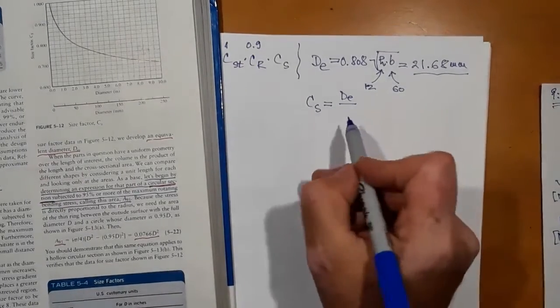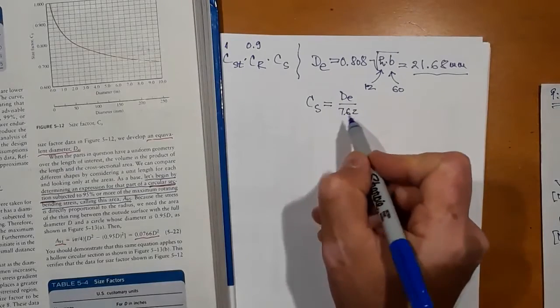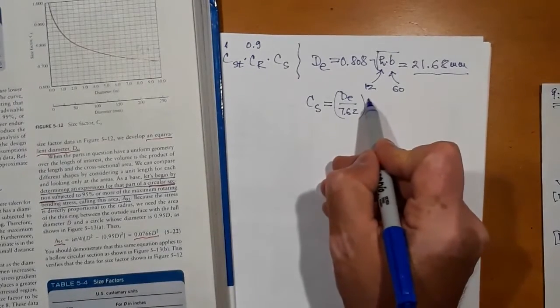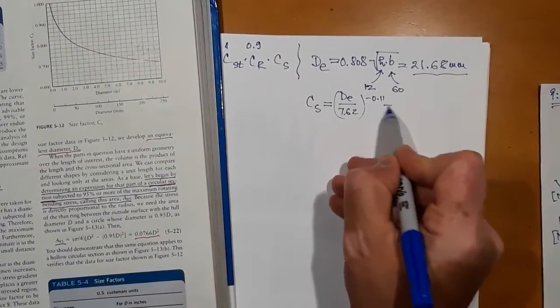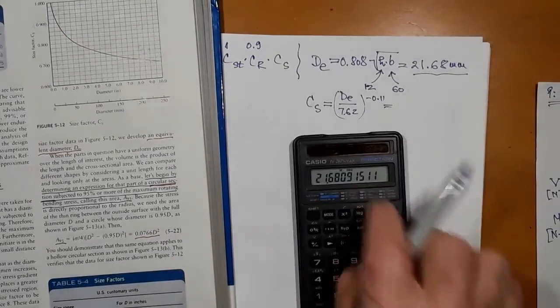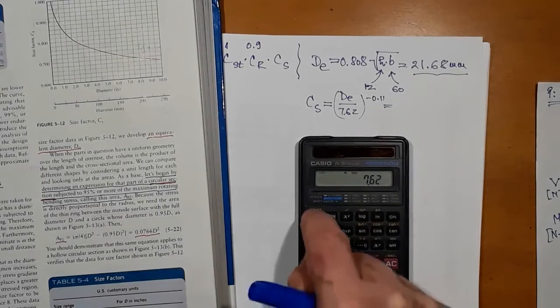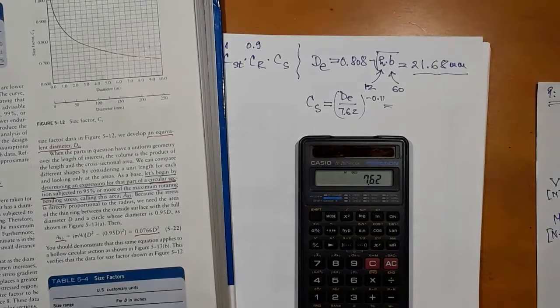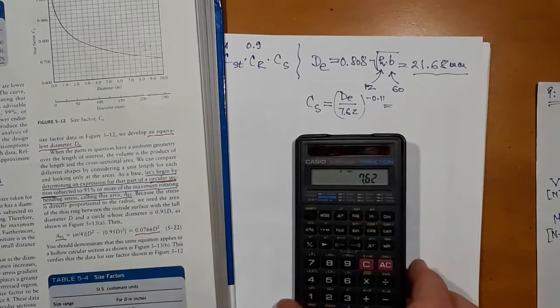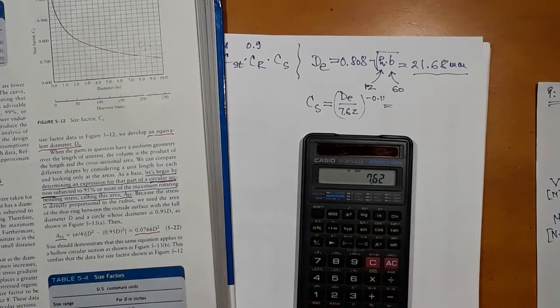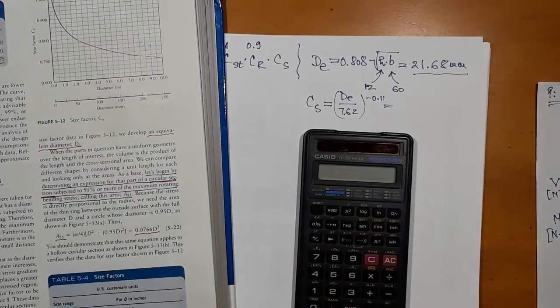It's over 7.62 to the power negative 0.11. Still have the equivalent diameter, so divide by 7.62, put it in the memory, just in case, and then go to the power of negative 0.11, equals.